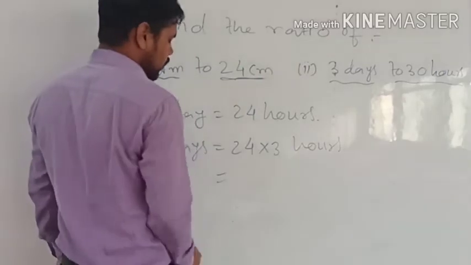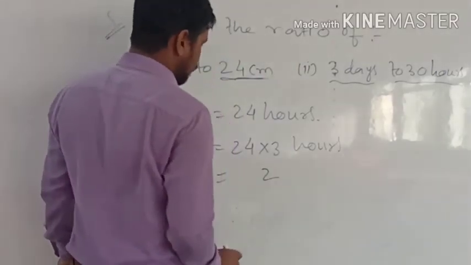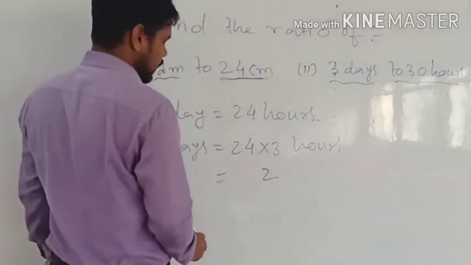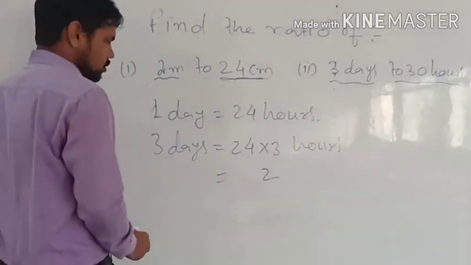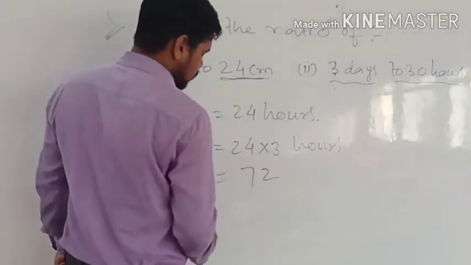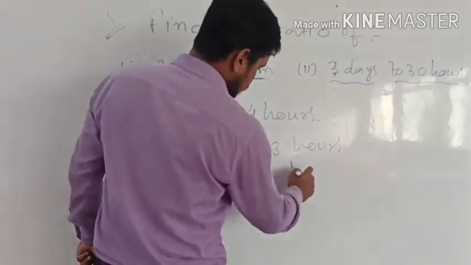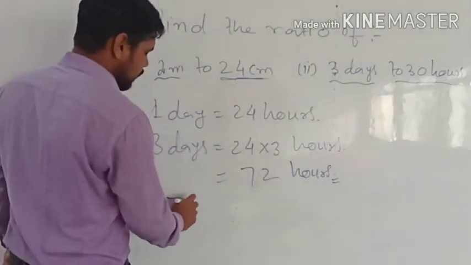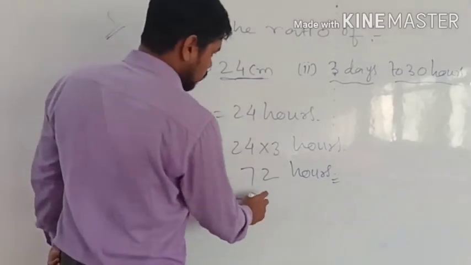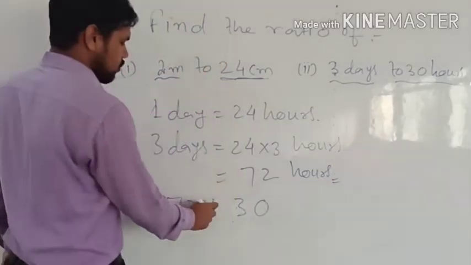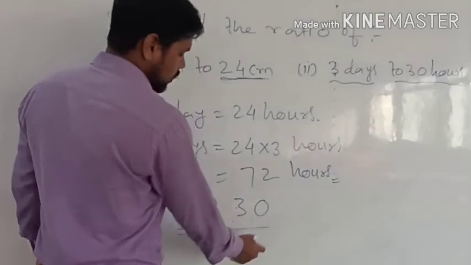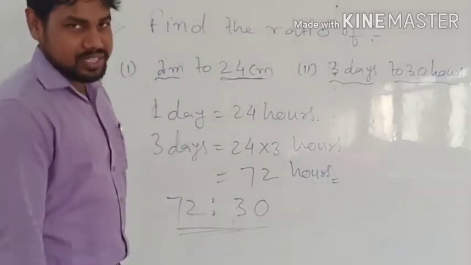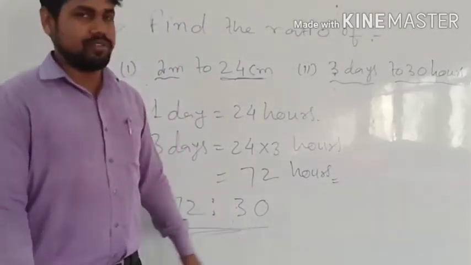So 24 into 3: 3 fours are 12, 2, 1 carry. 3 twos are 6, 7. 72 hours. So now the final ratio will be 72 to 30. 72 ratio 30. Now you can do the rest of the process as we discussed. Like after finding the HCF, you can reduce it to the simplest form.